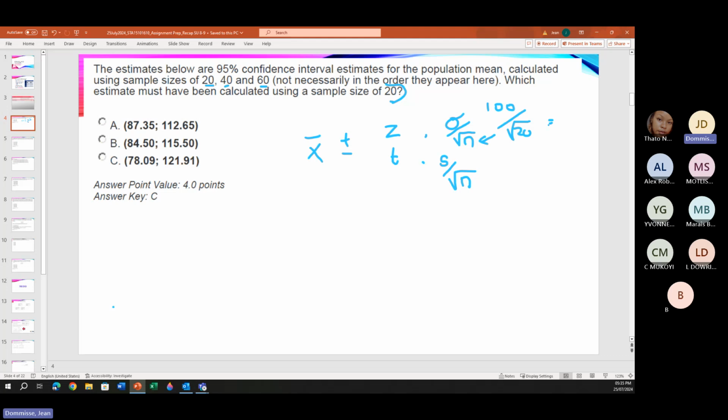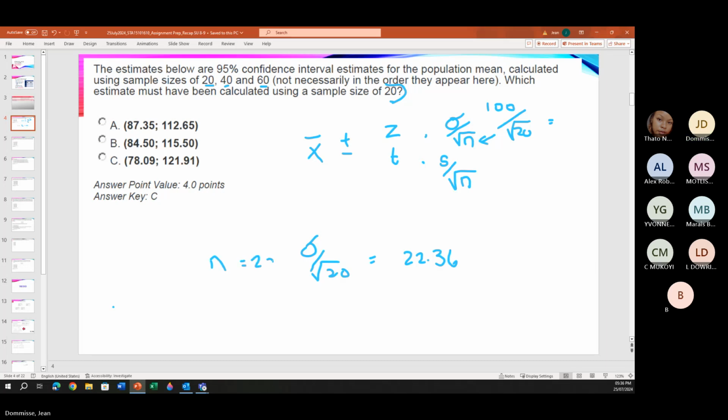If it was 100 divided by 4.47, we get that the standard error for a sample size of 20 would have been 22.36.